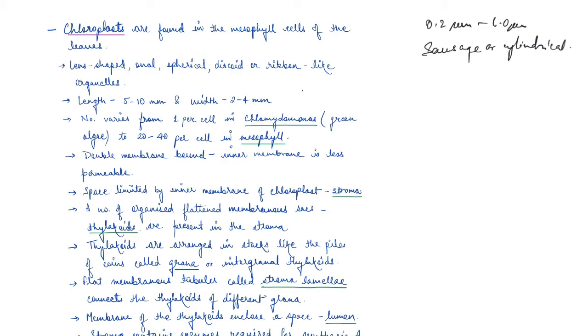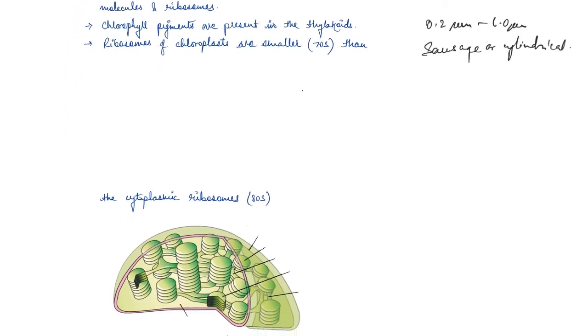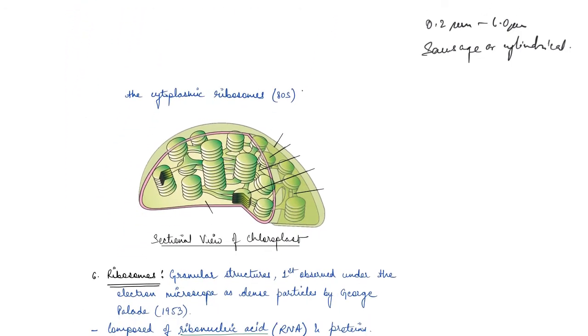So if you see the diagram, this is the chloroplast, right? This basically is the outer membrane, and then inside this membrane is the inner membrane.